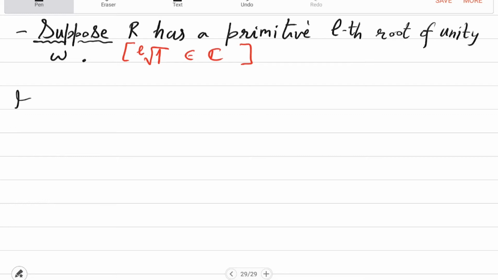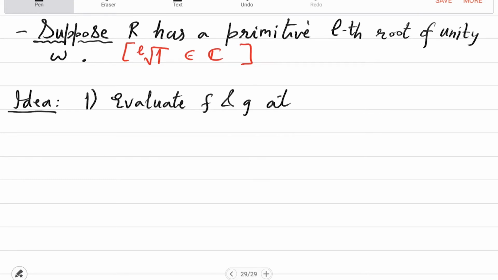So the idea is, after this assumption, evaluate f and g at these points. So points being omega to the 0, which is 1, omega, omega square, and it goes up to omega to the L minus 1. So these are the L points. So you get 2L values in R. Then you multiply them.